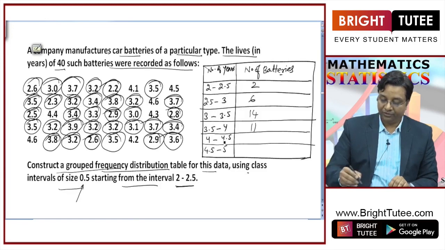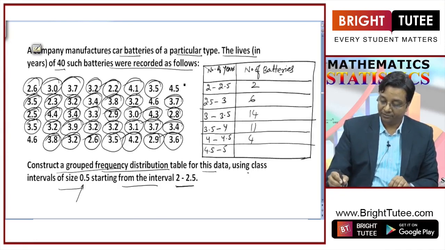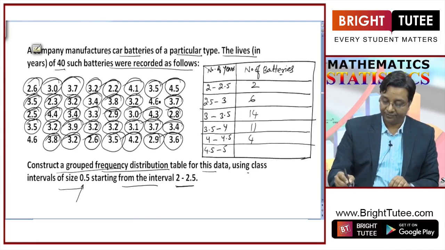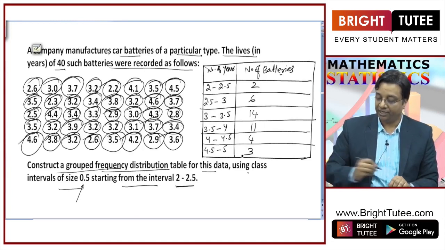Now 4 to 4.5, 1, 2, 3, 4, that's it. Now 4.5 to 5, 1, 2, 3, so there are 3 such batteries.